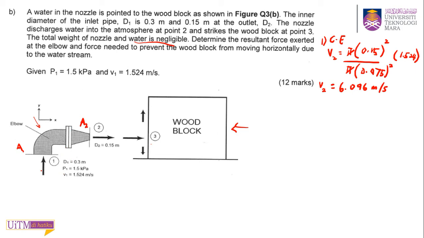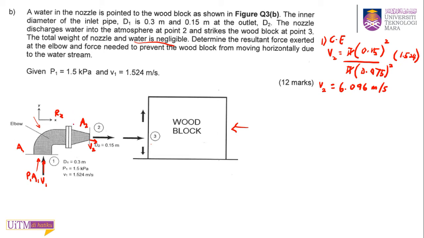Okay, so first you need to label all the forces inside this diagram. So you have a V1, and you have a V2 comes out, and you have P1, P1 masuk, ada P1 A1, and you don't have a P2 because this is discharged into the atmosphere, and you have your Rx lah, so you did your reference axis, the Rx is positive to the right.